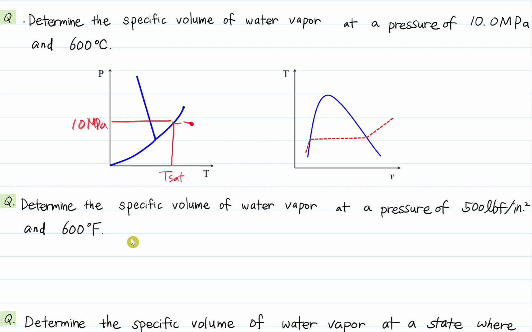On the TV diagram, let's say this is 10 megapascal and this is the saturation temperature, 311 degrees Celsius. Temperature in this question is 600 degrees Celsius, so the state may be around this point.